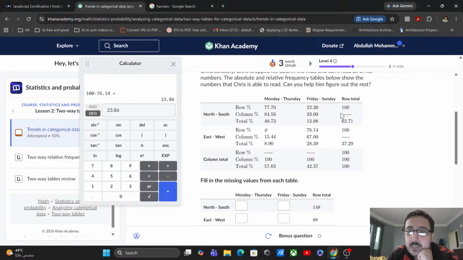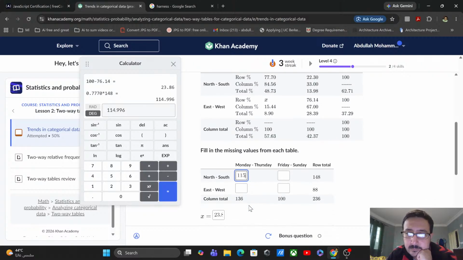77% out of 100, which is the row total. So it says 77 divided by 148, 115, 136.